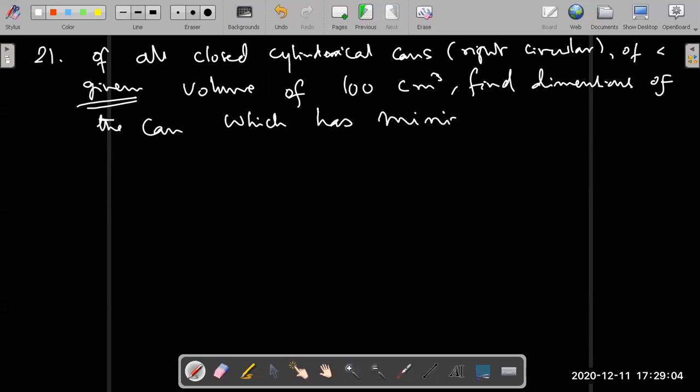So the given is a keyword. So two keywords, one is given, the other one is minimum.